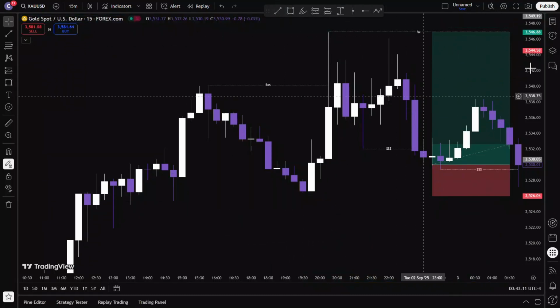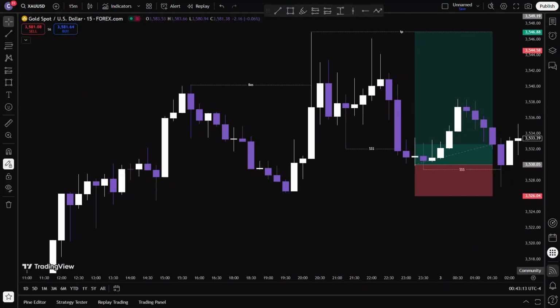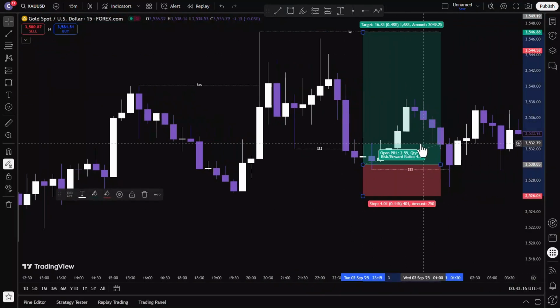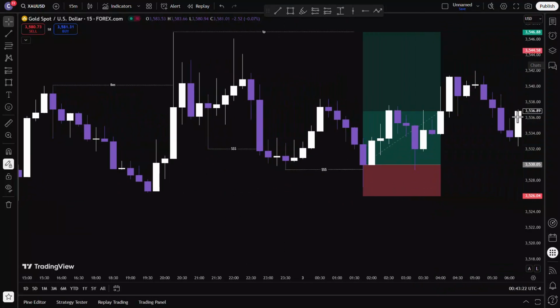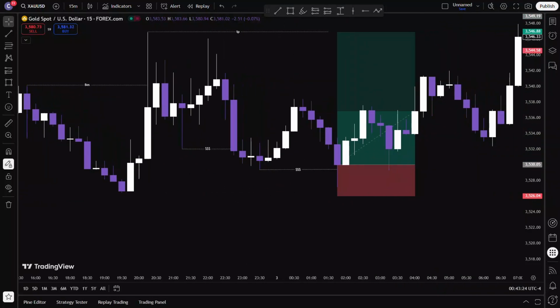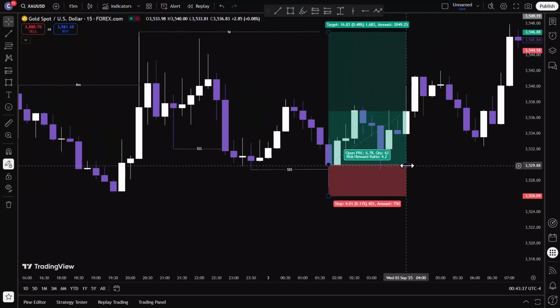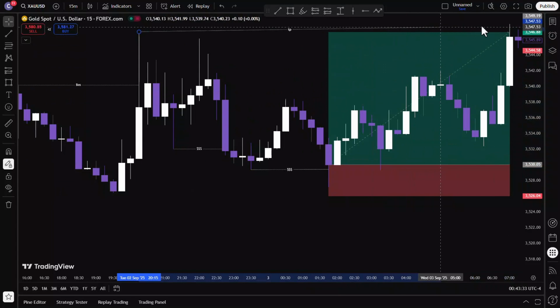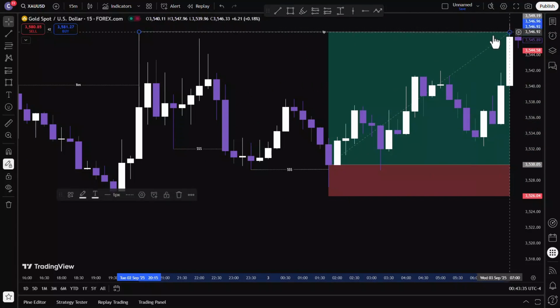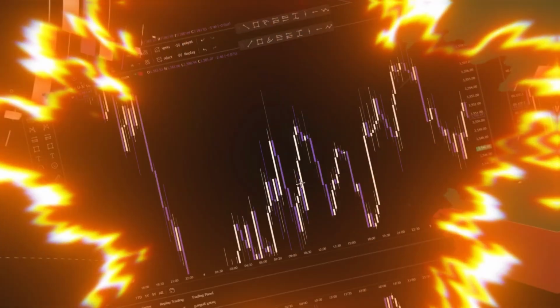So now let's see what happened. Let's see how it moved. So you can see here the market perfectly hit the target. The market is always like this, making simple structure with a high chance, high risk-reward trade.